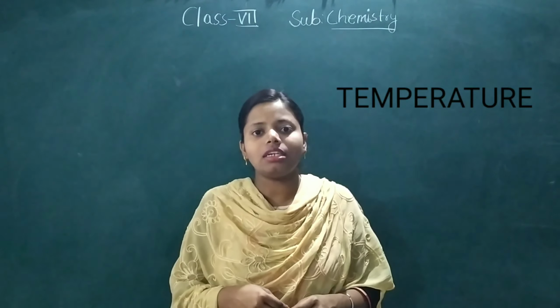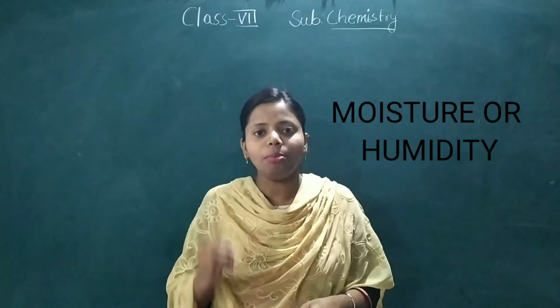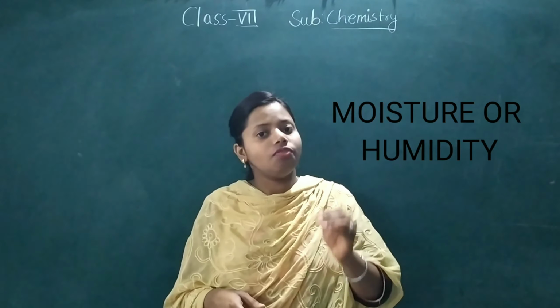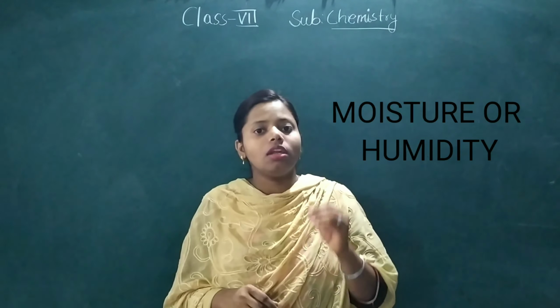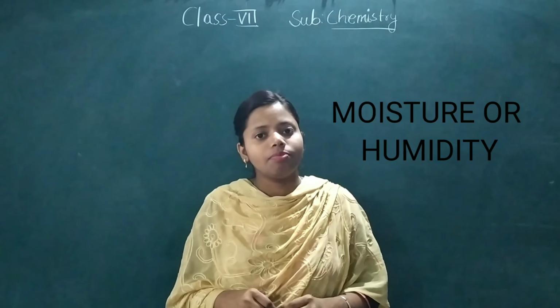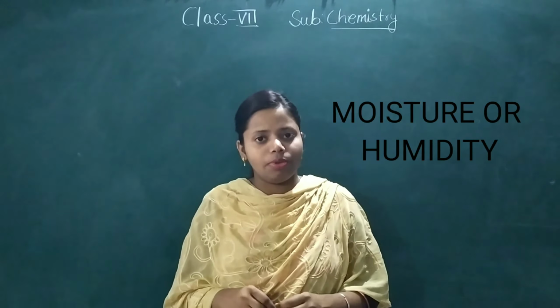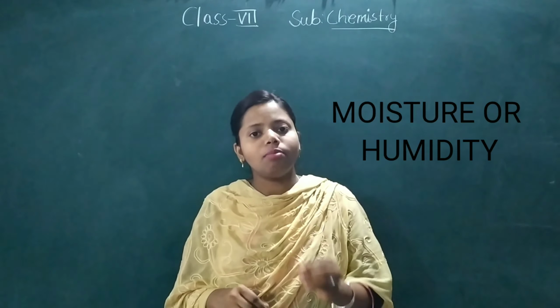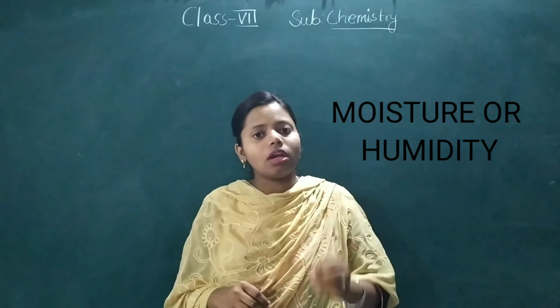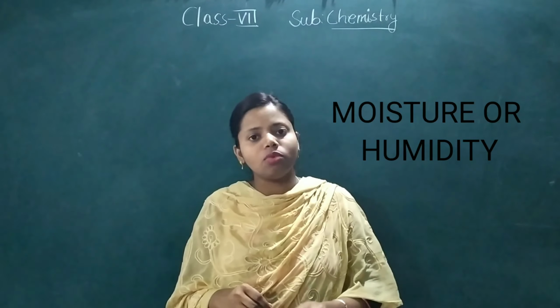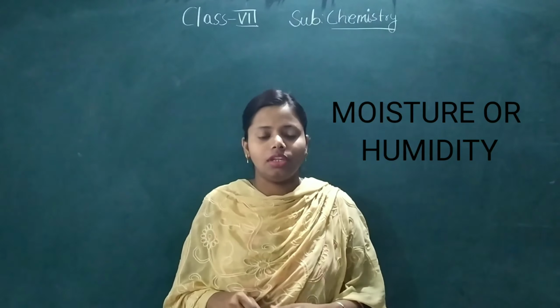Now the next factor is moisture or humidity. The rate of evaporation will decrease when there is an increase in the moisture or humidity. Now what is this moisture and humidity? The amount of water vapor present in the atmosphere at a particular place is the humidity.